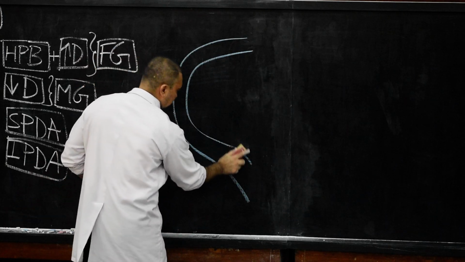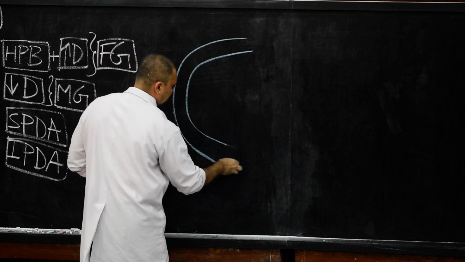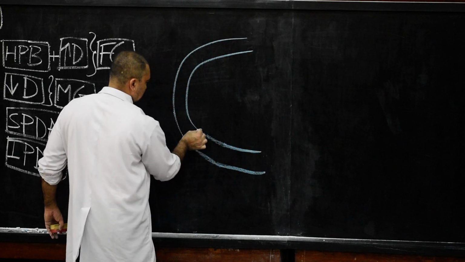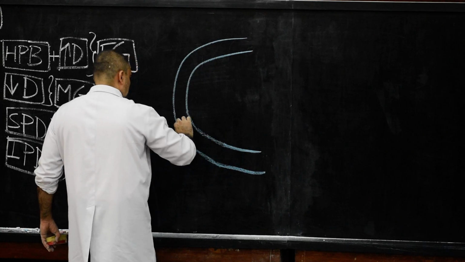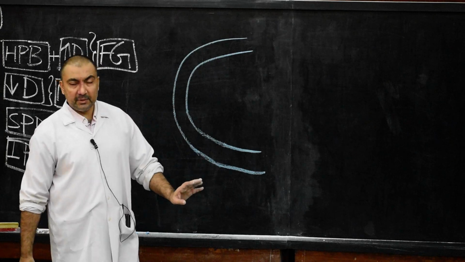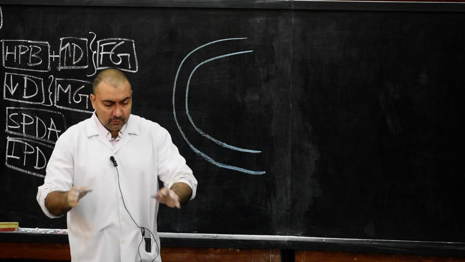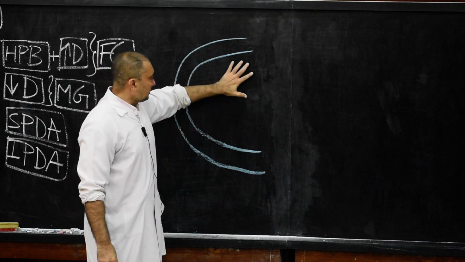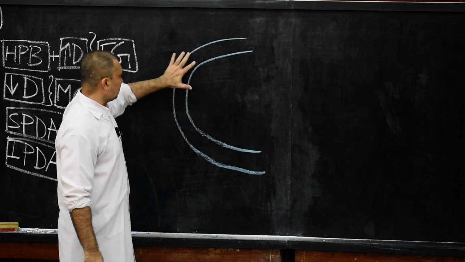And here, instead of making this, we will just end in this direction. Now, the primitive duodenum will have two attachments of the mesentery. One will be attached on its dorsal border, one will be attached on its ventral border.